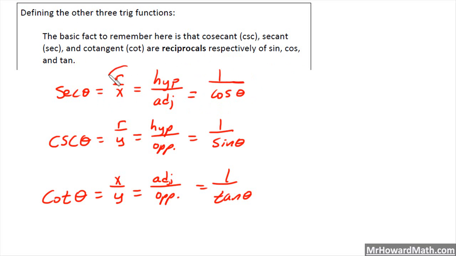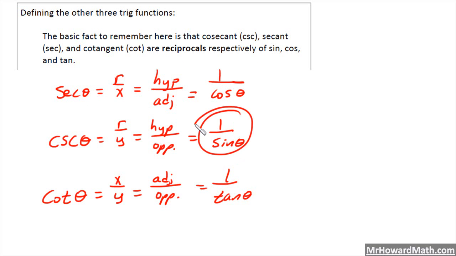And you'll notice using the x, y, and r definitions, it's just the reciprocal. Cosine theta was x over r, so secant theta is r over x. Using our hypotenuse, adjacent, opposite definition, cosine was adjacent over hypotenuse, so secant is hypotenuse over adjacent. And again, it's the reciprocal of cosine.